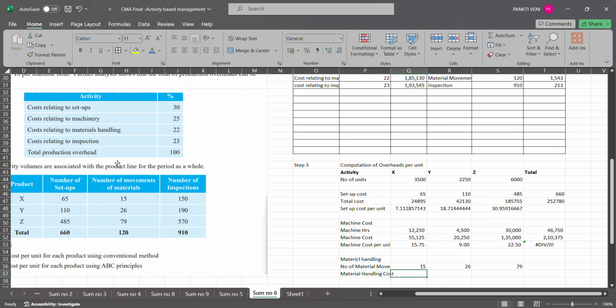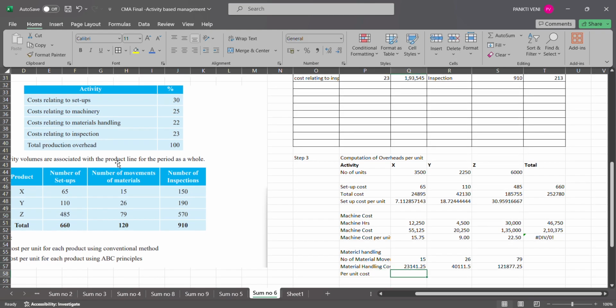So material handling cost. I have 1542.75 into 15. Okay, I multiplied. Then I have 1542.75 into 26. Okay, so I did this. After doing it, I'll divide it to find out the per unit cost.